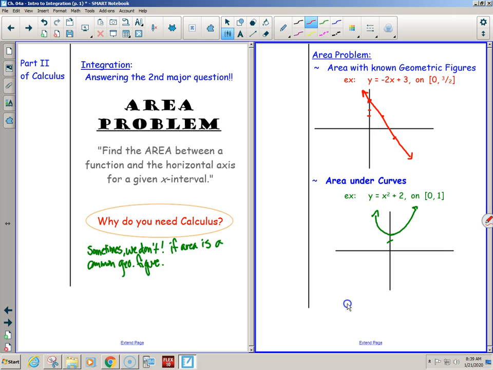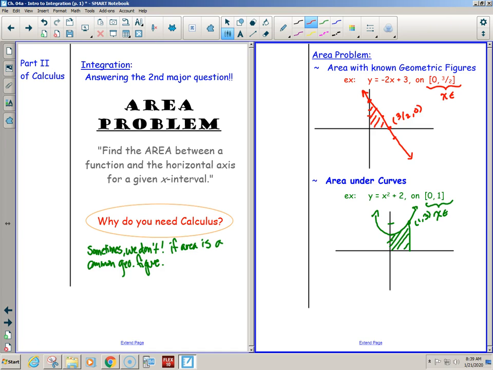These are technically x intervals, which we've been using all year for increasing and decreasing, etc. So if I'm going between 0 and 1, I believe 1 hits at 3. If I'm going between 0 and 3 halves, I'm pretty sure 3 halves is the intercept.